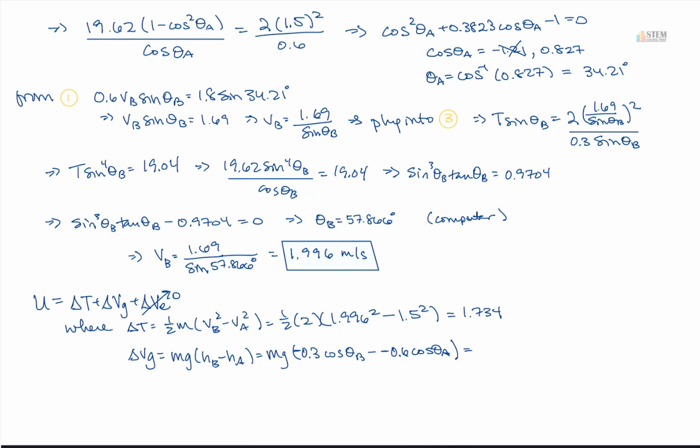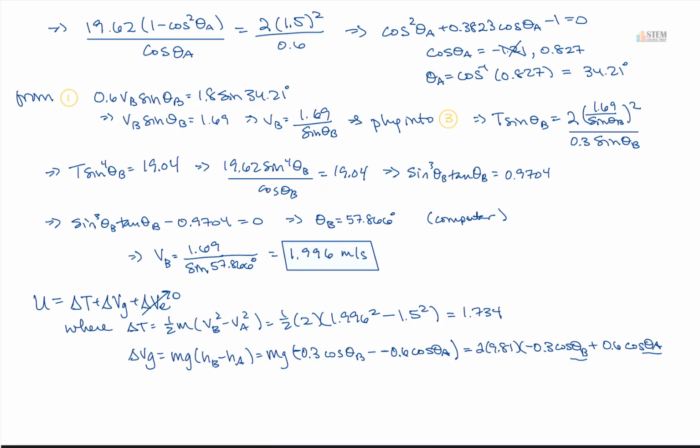And let's see what we get. Remember, 2 is the mass. Okay, so we're going to have 2 times 9.81, and then times what's in the parentheses here, and this one becomes a positive. All right, and we have our thetas, right?